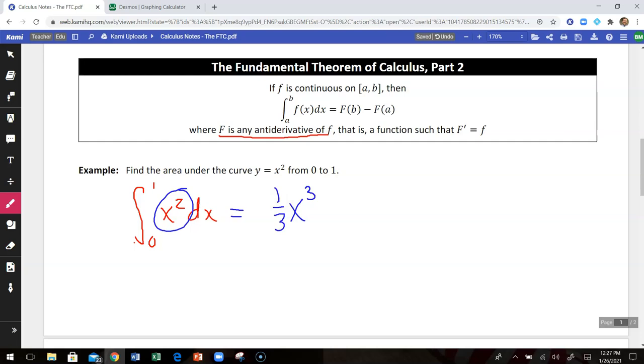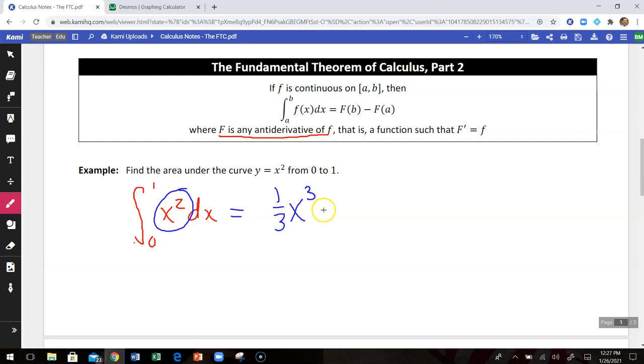Now, when you just practice antiderivatives, you always put plus c, right? We could say there could be a constant. Now, it does say that capital F is any antiderivative of f, which means that c could be anything that we want it to be, and the easiest thing to make c be is 0, right? So if I just say, well, c is 0, then I don't have to worry about putting a plus c here.